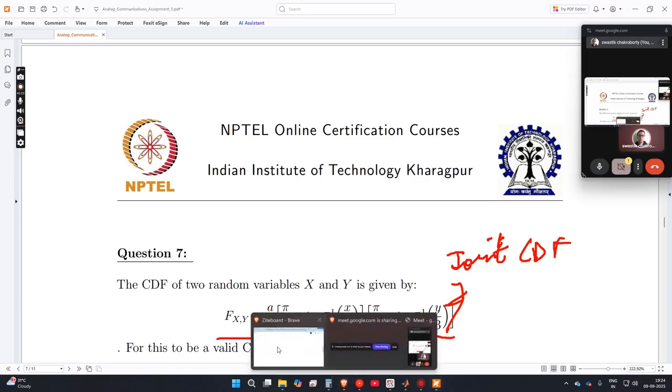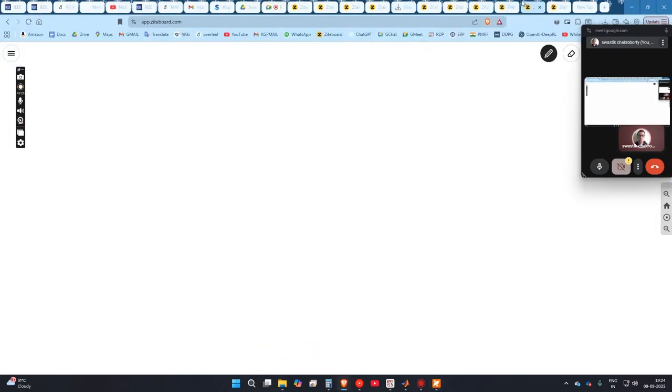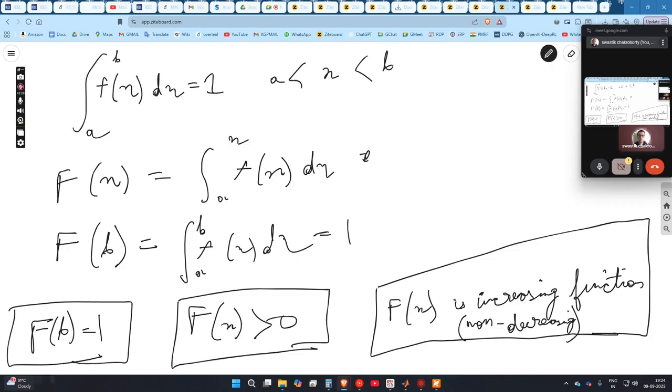The first test, it has three tests. First is that at the last value of the domain, the highest value, the CDF should be 1. The second is that the CDF should be greater than 0. And the third is that Fx is a non-decreasing function.